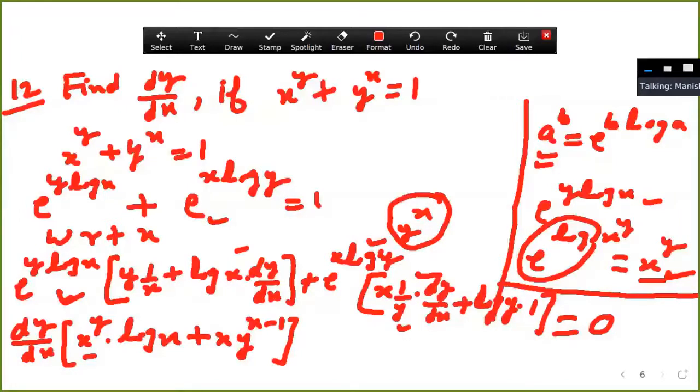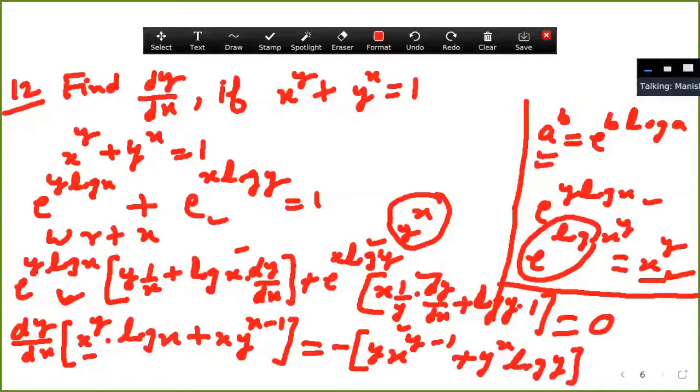And in the equal-to statement, both terms will be negative, so take the minus sign common. You will get y into x to the power y minus 1 plus y to the power x log y.